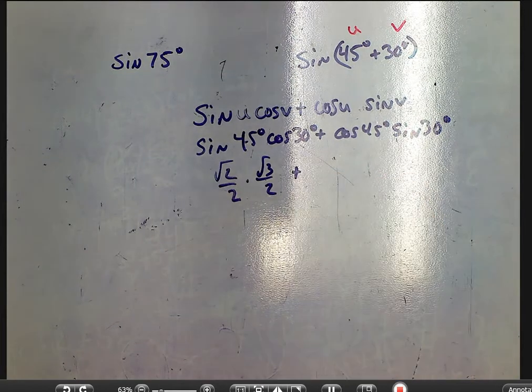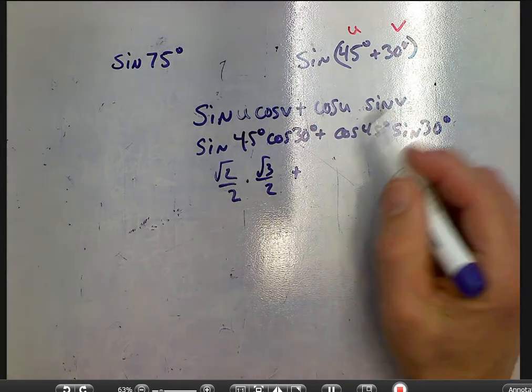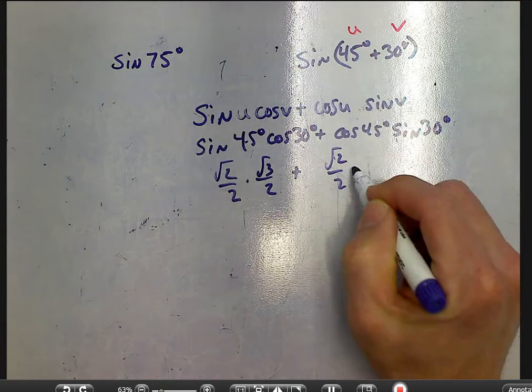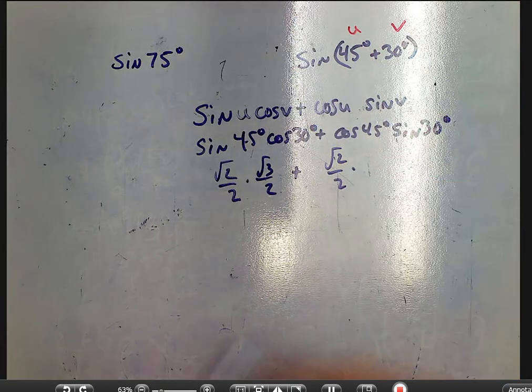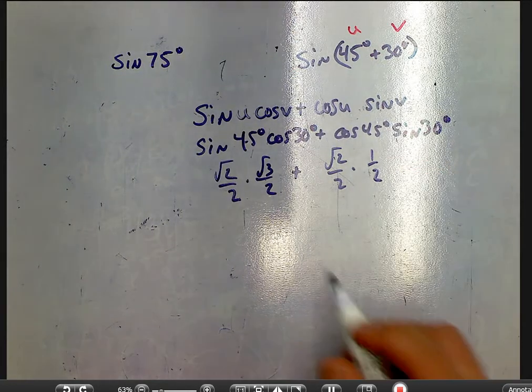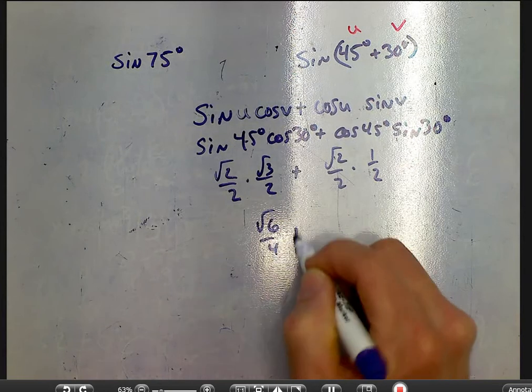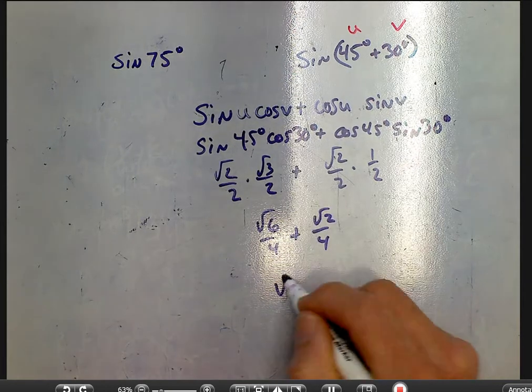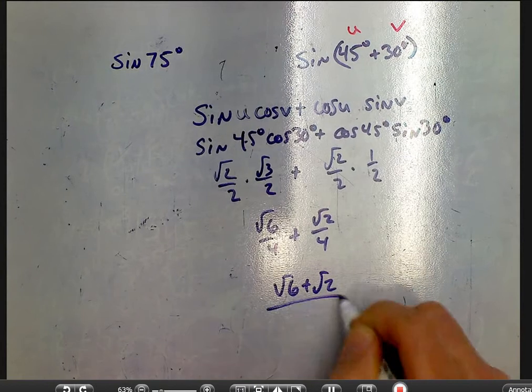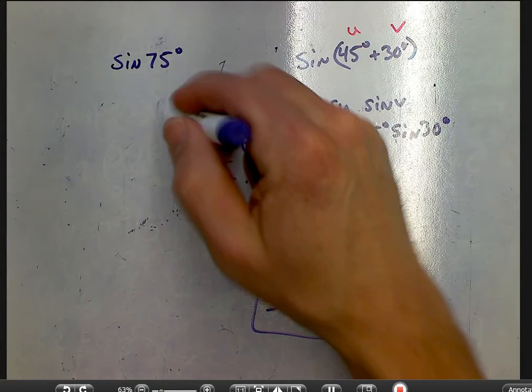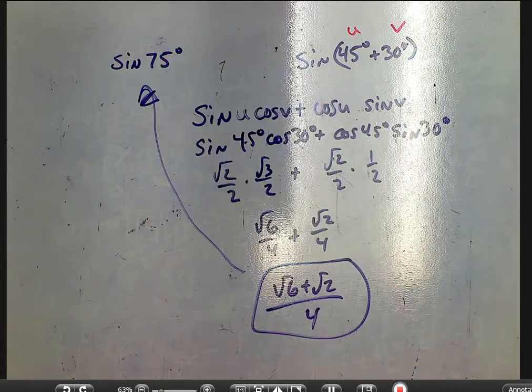Plus cosine of 45 again is square root 2 over 2. Sine of 30, I believe, would be 1/2, so times 1/2. That gives me square root 6 over 4 plus square root 2 over 4, which is square root 6 plus square root 2 all over 4. And that's the exact value for the sine of 75 degrees. Okay? That's how you do it.